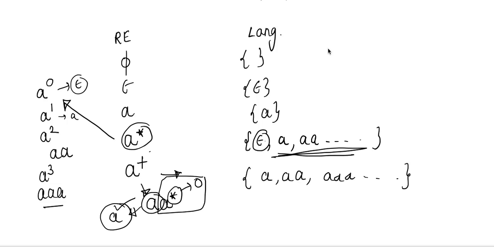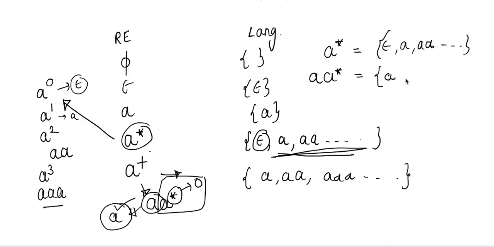Are you getting? See, what I am saying is a star includes epsilon also, and so on. But if I concatenate one more a to a star, we should not say multiply, I am concatenating. In the concatenation operation I can apply it. When we concatenate a with a star, the language becomes a, aa, and so on.